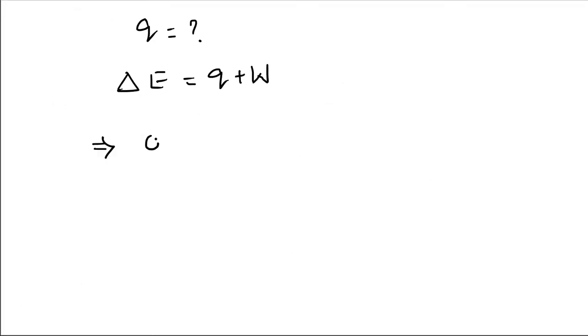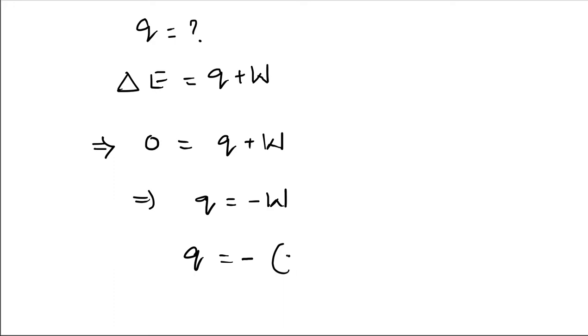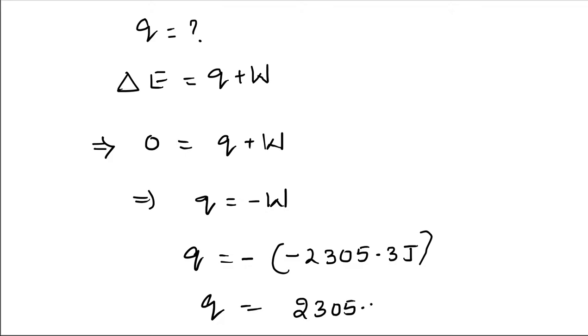Therefore that is 0 equal to Q plus W. So from this, the heat will be equal to negative W, that will be equal to negative of what we got for the work, negative 2305.3 joules. That gives heat equal to 2305.3 joules, which is positive.